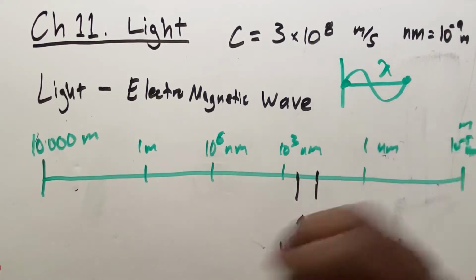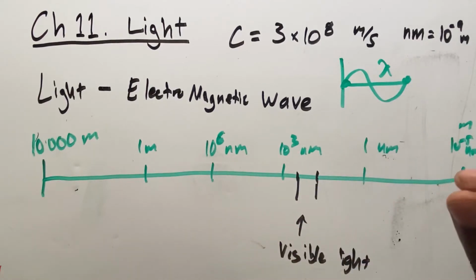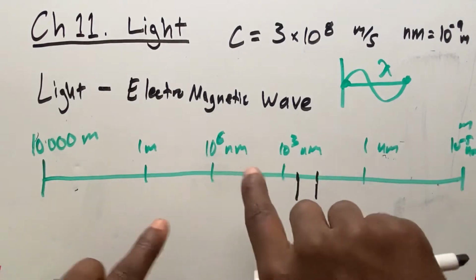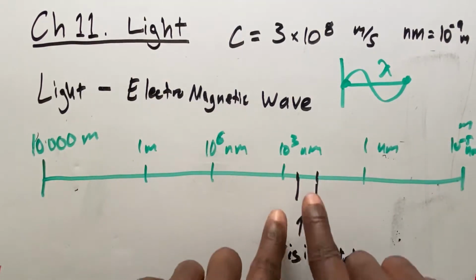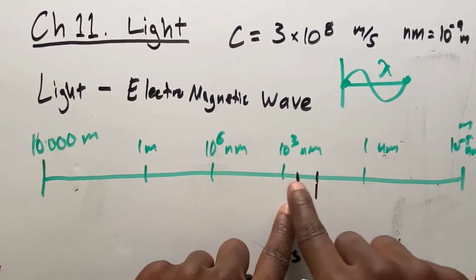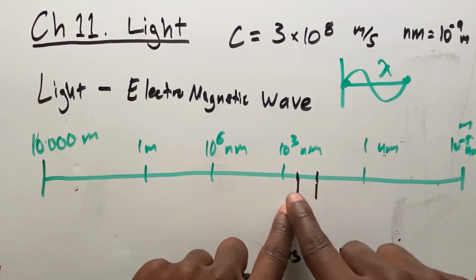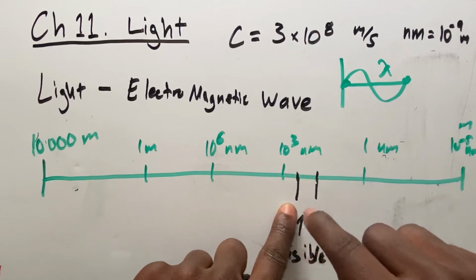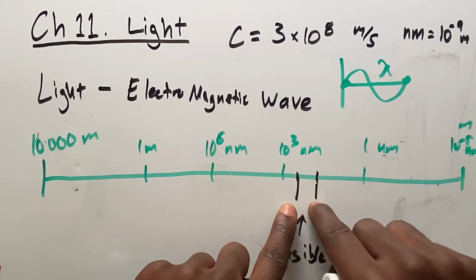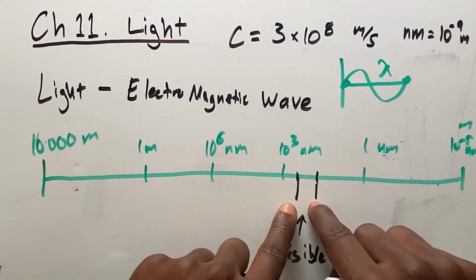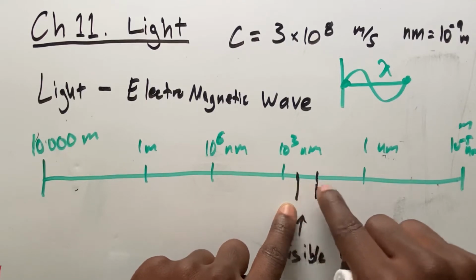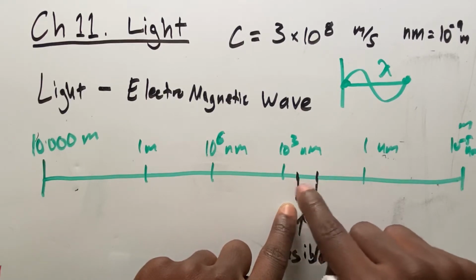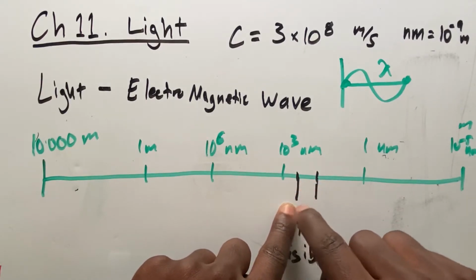So if you're looking at the PowerPoint, I'm looking at slide number 5. The image drawn there is a lot more clear than what I have here, but it's along these lines. So here in this small region is the visible light range. So this is all that we can see with our bare eyes. So the red, blue, pink, greens, all those colors in between, they all fall under this small range here.